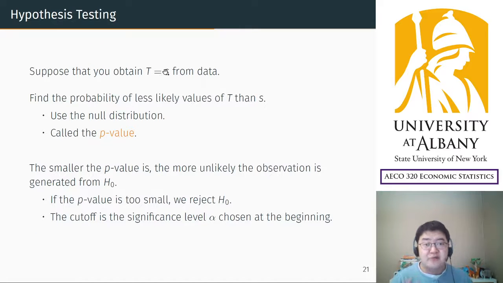If you observe s, then let's find all the cases which are more suspicious than what you observe. That probability is called the p-value. The p-value is the probability of more suspicious outcomes of the test statistic than what you observe.